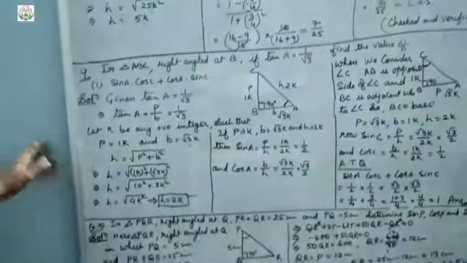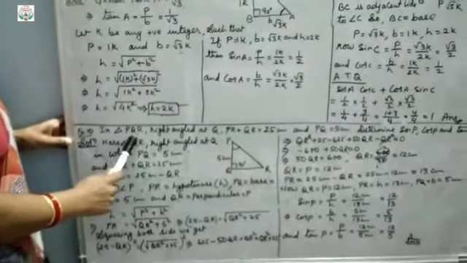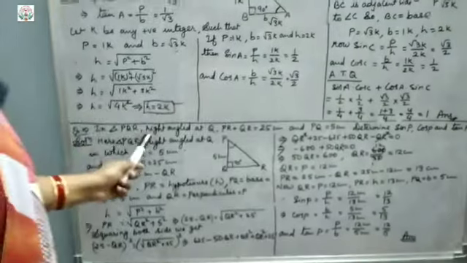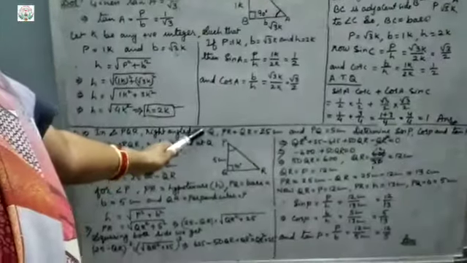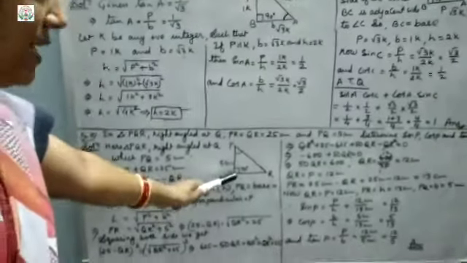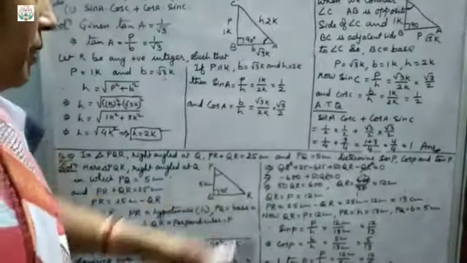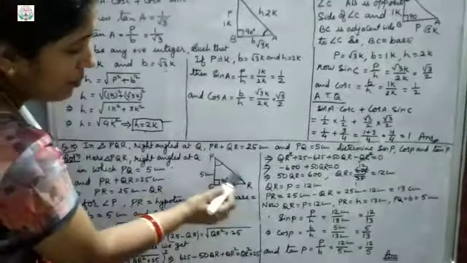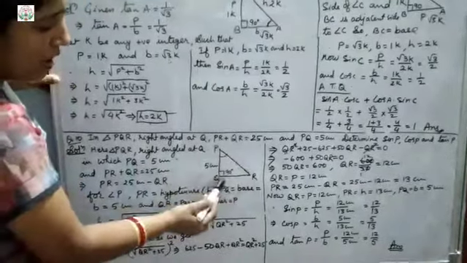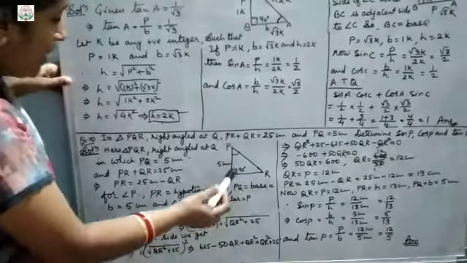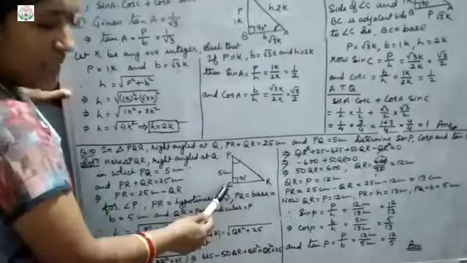Okay. Now 10th question. See, in triangle PQR, right angled at Q, means 90 degrees is at Q. PR is the hypotenuse and QR, for angle P, will be the perpendicular. And PQ will be the base.